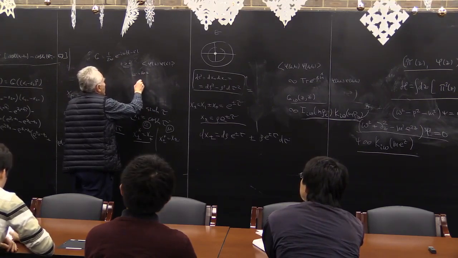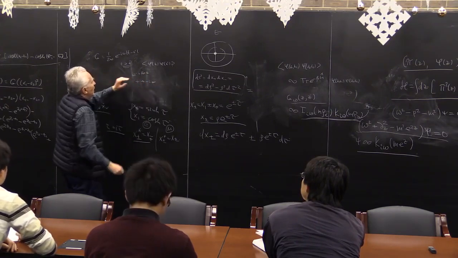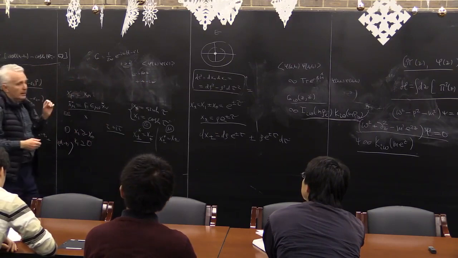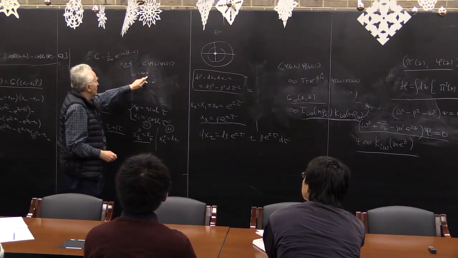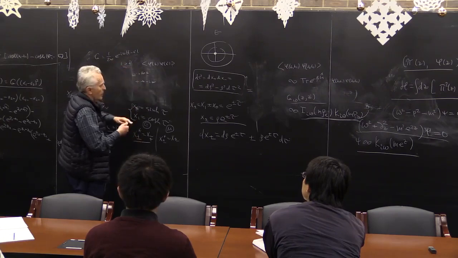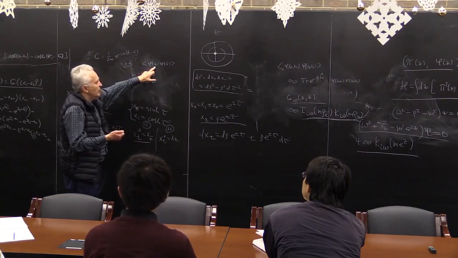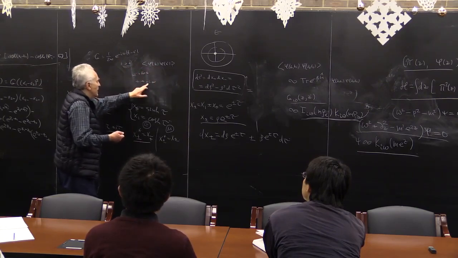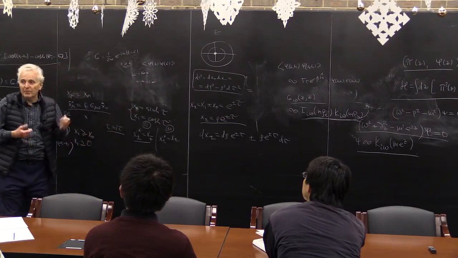It tends to 0 as t goes to minus i infinity. So you first take t greater than t prime, or the opposite way, and then you check whether your Green function vanishes at minus i infinity.